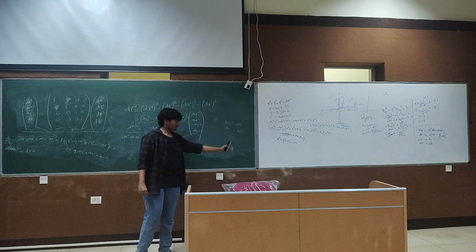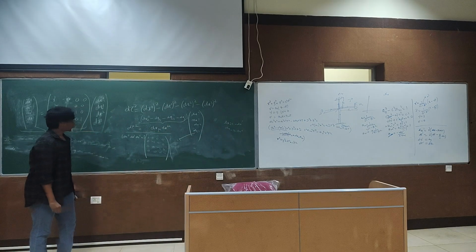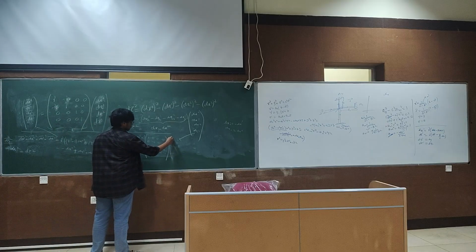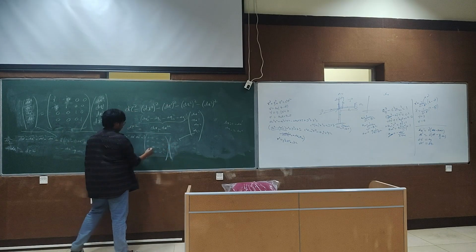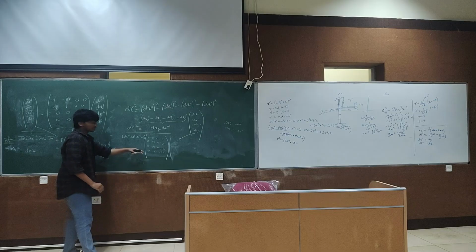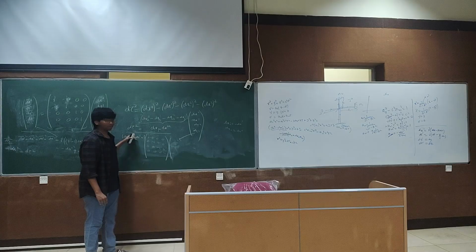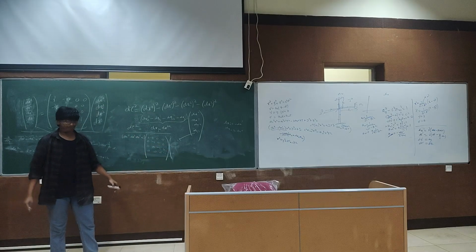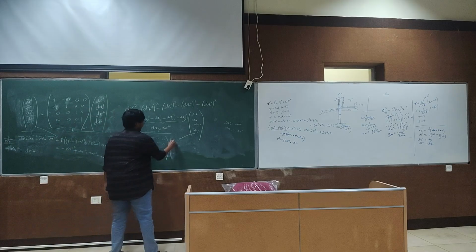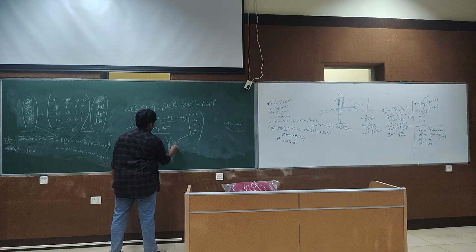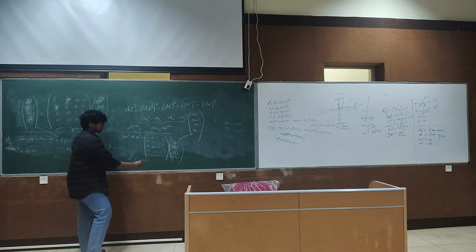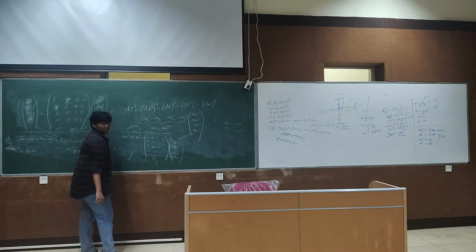They don't change. Now this can be seen as some matrix multiplying with this twice. Let's call this matrix eta.